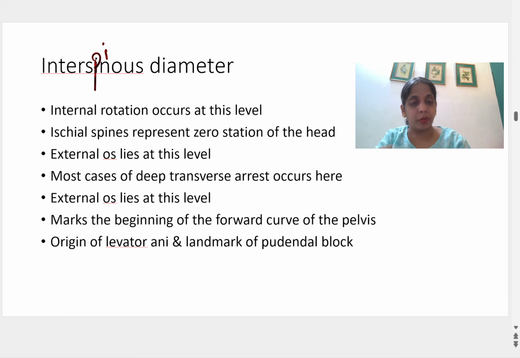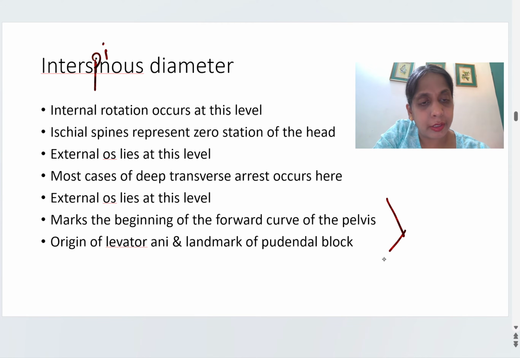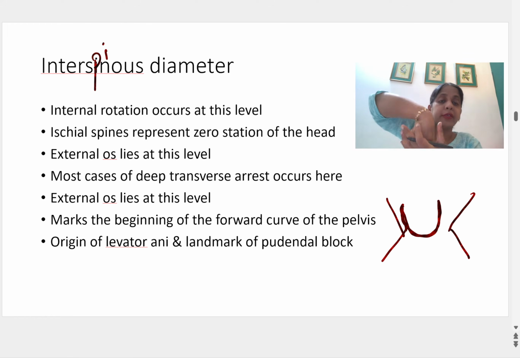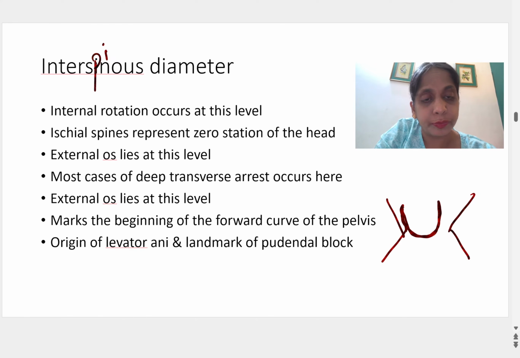Let me draw here. If this is the pelvis and the head is here at the ischial spine, we should know during delivery whether the head is down or up, so we measure it from the ischial spine. Here the ischial spine is 0.